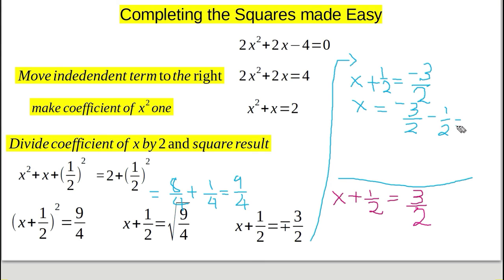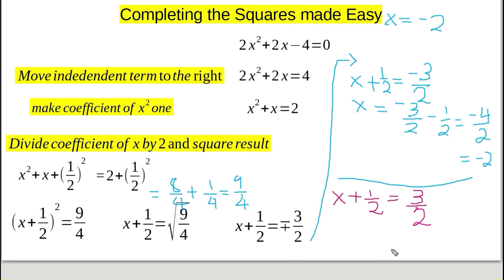So we end up with minus 3 minus 1, which is minus 4, all divided by 2. So x is equal to minus 2. So one value of x is x equals minus 2.